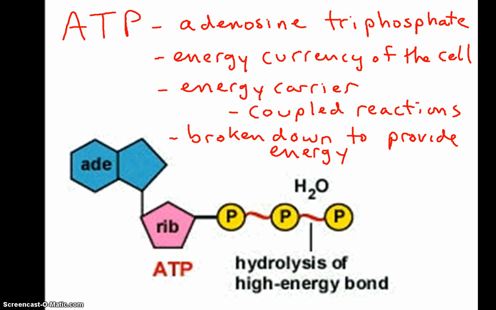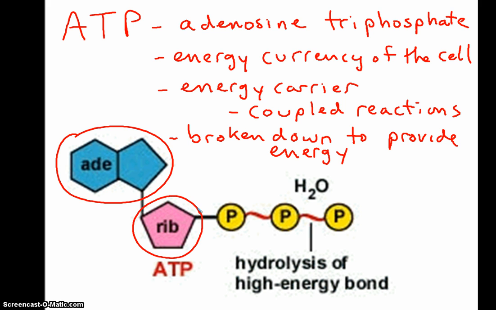ATP is broken down to provide energy, and so if we look at the diagram right here, here's the three parts. So we have a nitrogen base. There's the adenosine part. We have a sugar, in this case ribose, and we have three phosphates. There's the triphosphate part.